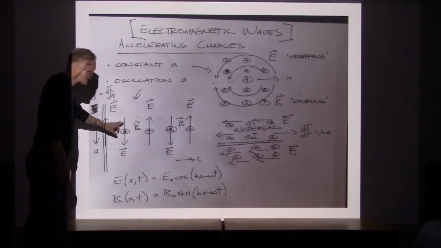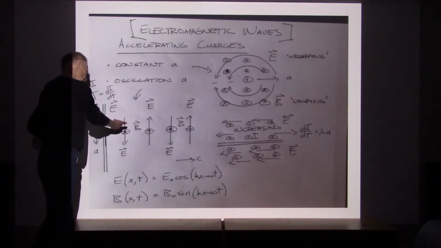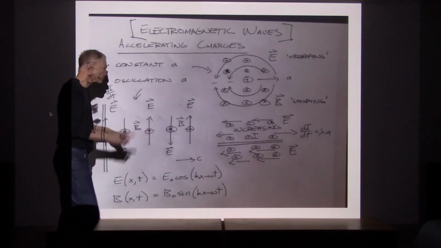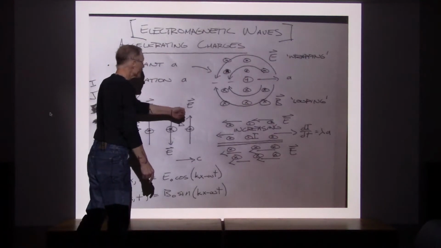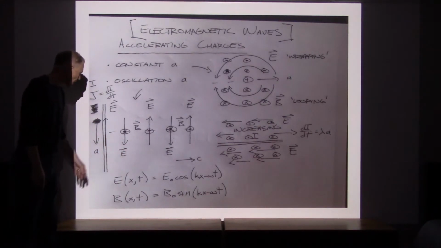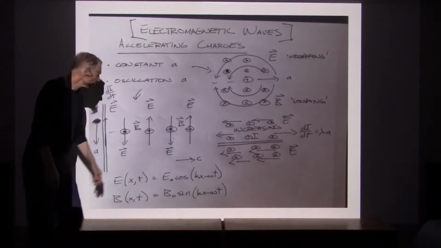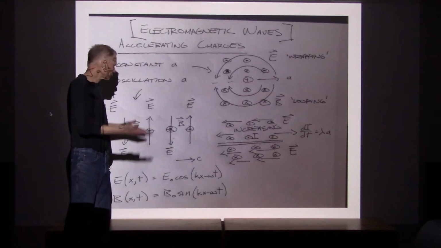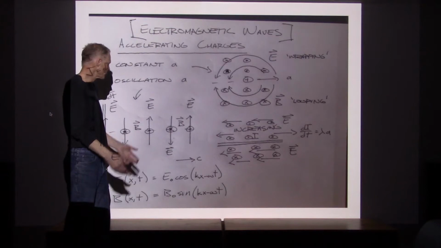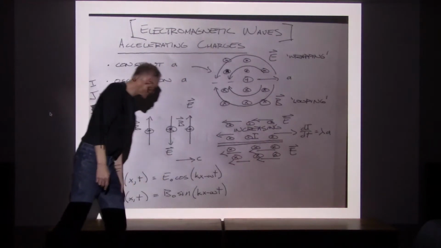Now, these oscillating electric and magnetic fields, the magnetic fields are here too. Here they're going into the board, here they're coming out of the board, there they're going in, here they're coming out. They can be written as electric field as a function of x and t is equal to some sort of amplitude, some kind of total electric field, times the cosine of kx minus omega t.